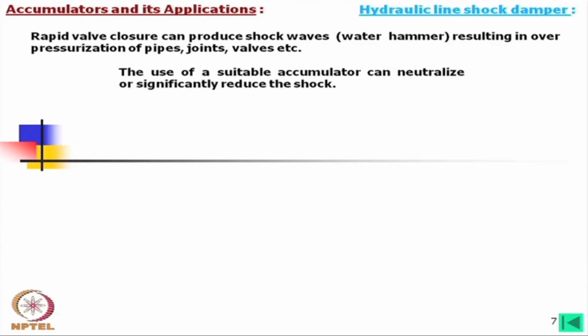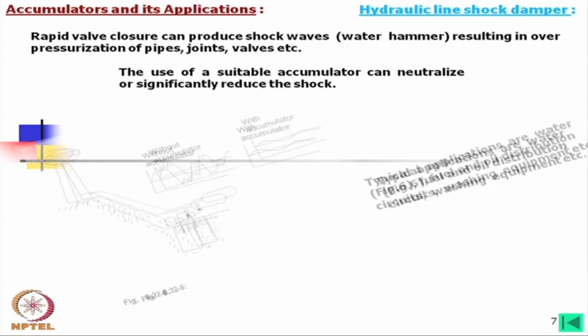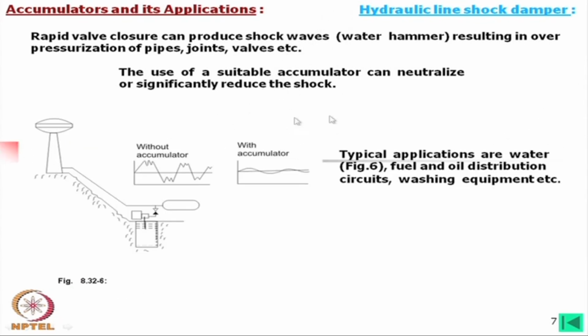Now, let us see what happens. The use of a suitable accumulator can neutralize or significantly reduce the shock. This is a water storage system, this is the pump from the reservoir, and water is being pumped here. Let us consider there is no accumulator. Without an accumulator, if we suddenly close this valve, then this side will be disconnected and there will be a water hammer inside, and there will be large pulsation of this liquid.